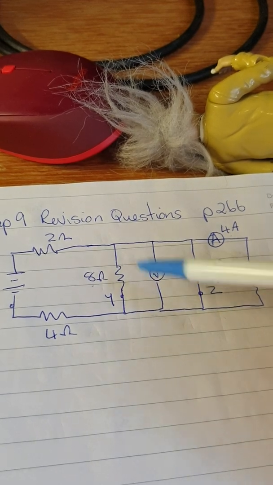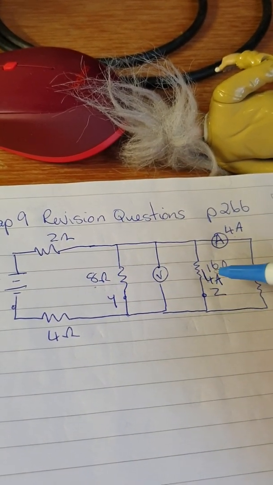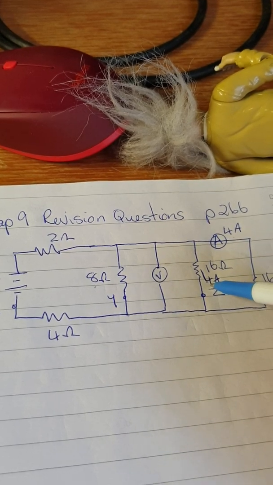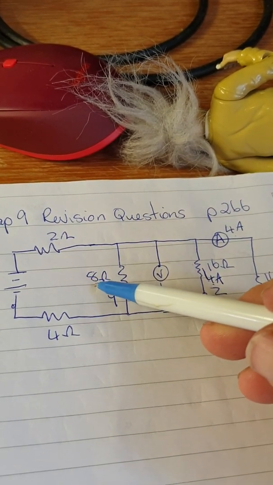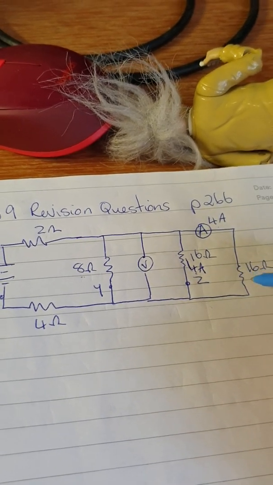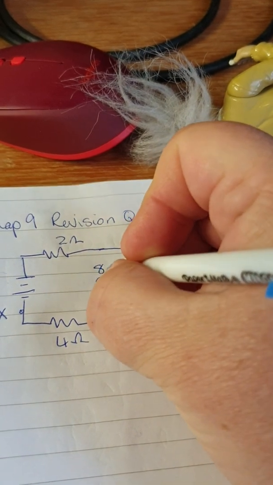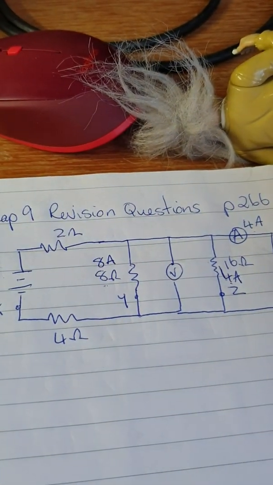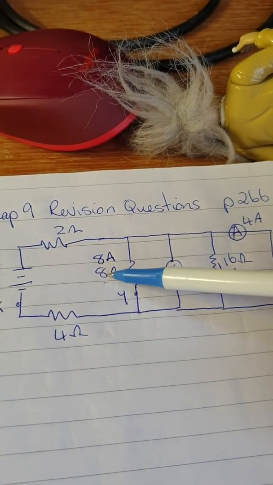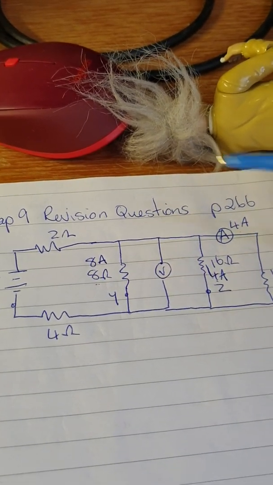Or I could just go, this resistance is half of the size of this resistance, so that means it will get double the amount of current. So if I've got 4 amps going through the 16 ohm resistors, I must have 8 amps going through the 8 ohm resistor. So you don't even have to work anything out.